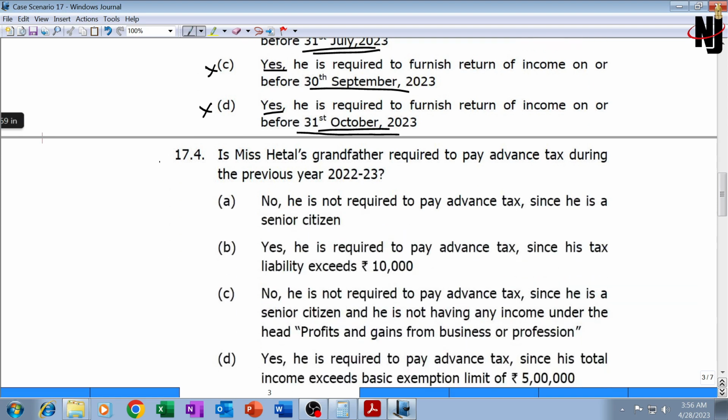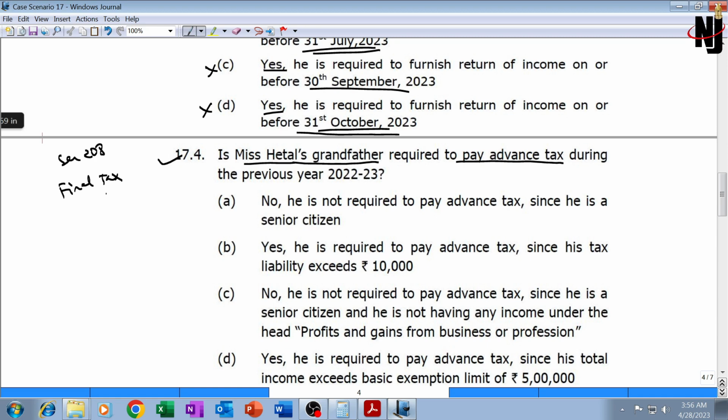Now proceeding further with 17.4: Is Miss Hethal's grandfather required to pay advance tax during the previous year? Advance tax is payable only if the final tax liability, according to section 208, after TDS and TCS, exceeds 10,000 rupees.